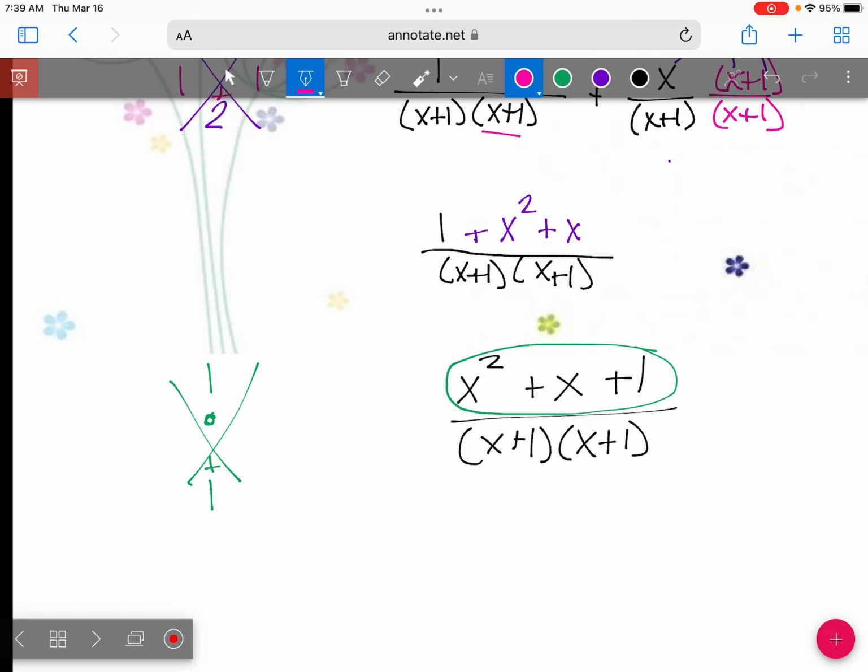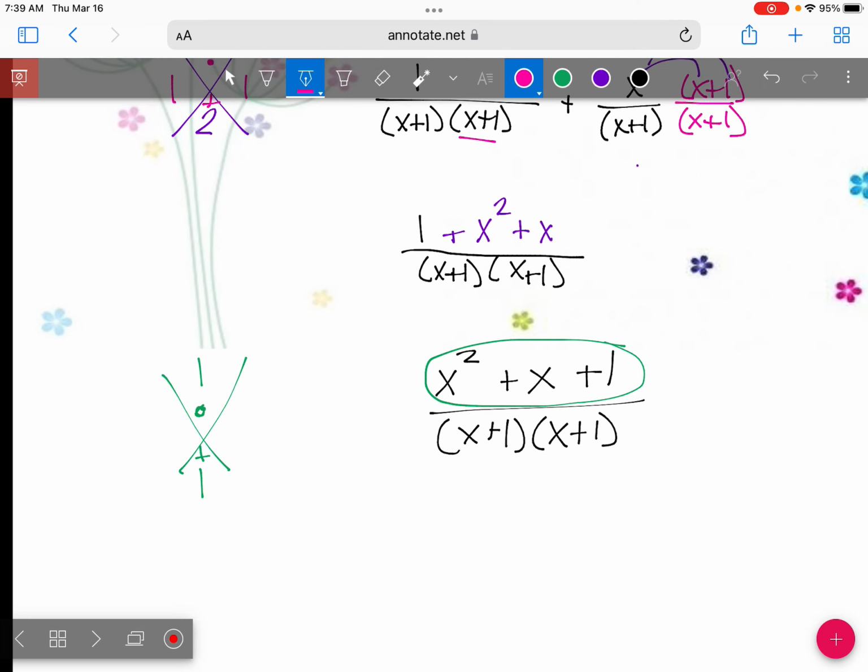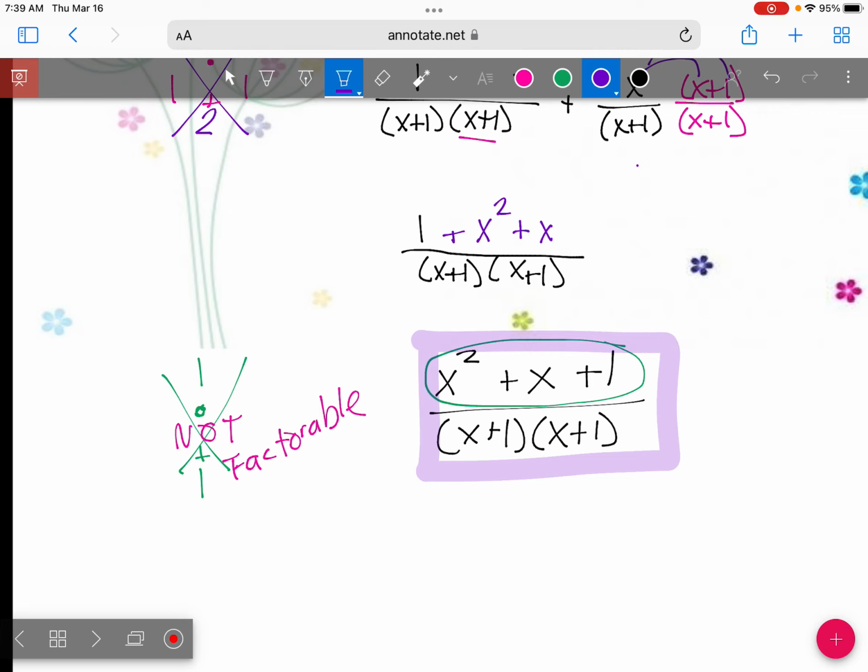I'm seeing a couple of head shakes. Good. No, it's not factorable. So what that means is that this is our answer. That is fully factored.